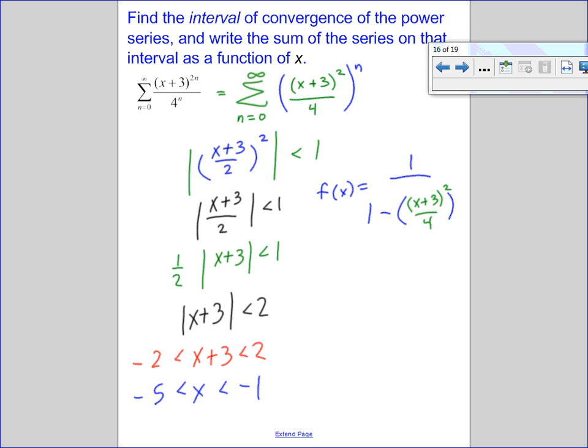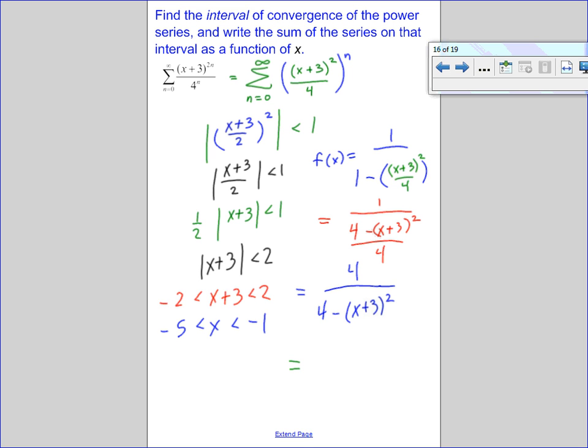Did we make that substitution correctly? So we'll make the common denominator fourths. This becomes 1 over 4 minus x plus 3 quantity squared, all over 4. And that becomes 4 over 4 minus x plus 3 squared.